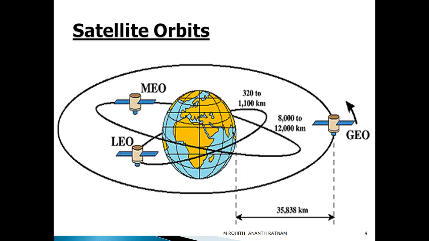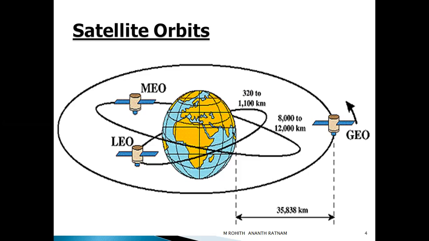Coming towards the orbits around the Earth for satellites. Not only navigation satellites, we have satellites for other purposes too. Some are for maintaining servers, and some are for security purposes. So what are the orbits in which we can locate our satellites, so that they can move in a particular orbit?